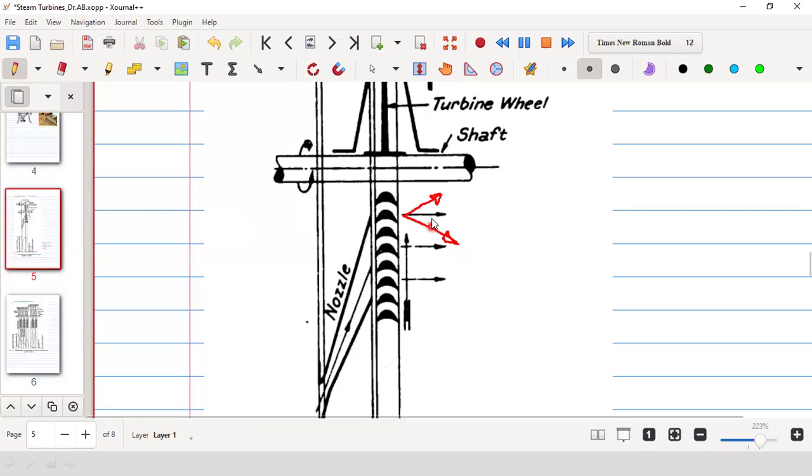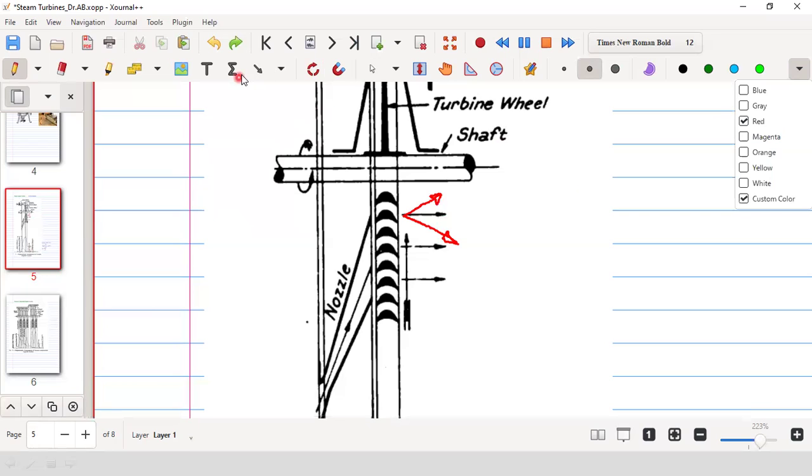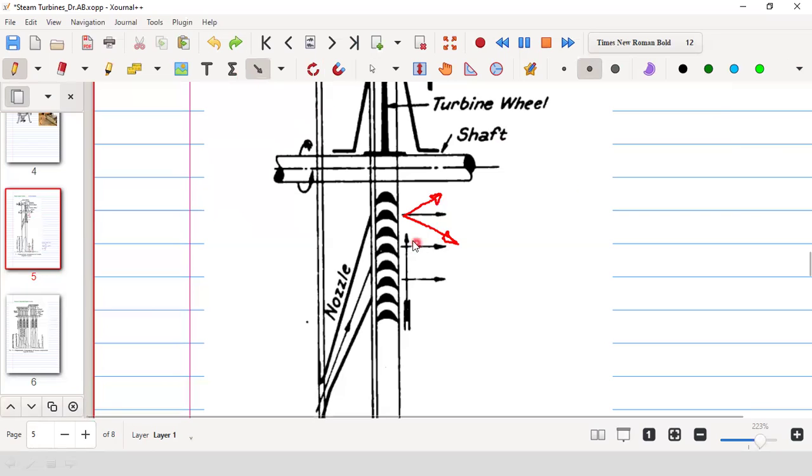So it should exit as an axial velocity only, and that too will be a very small quantity, to have a small loss as a carryover loss. So you have to understand that this should be very small, right? Is it clear? Yes, sir.